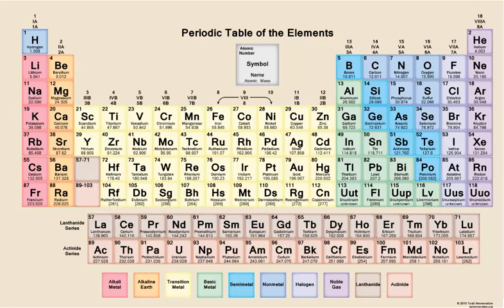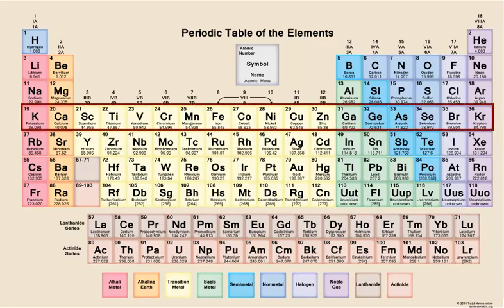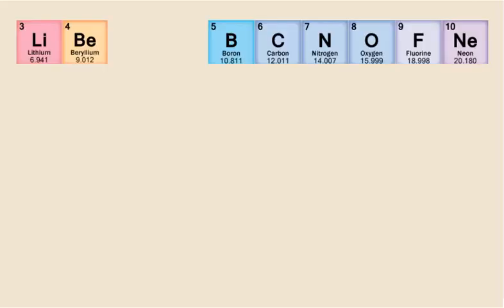Now let's see how the atomic radius changes in periods. It's a little bit more complicated than the groups, so it's okay to be confused at first. As an example, I picked lithium and fluorine to examine how the atomic radius changes in the second period.